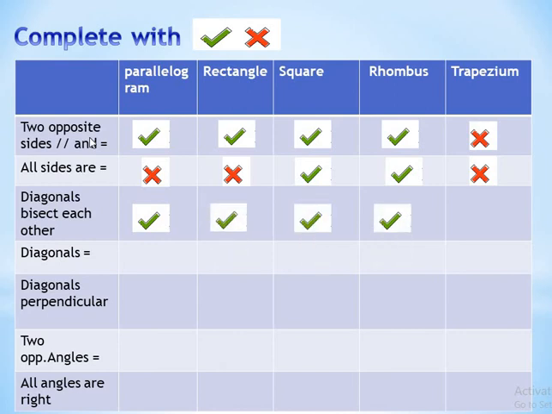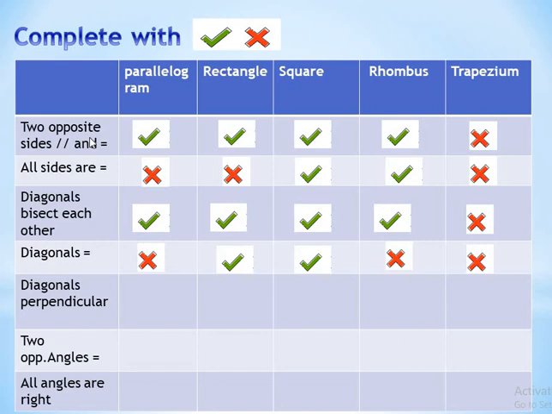Diagonals bisect each other, yes. We said that it's a common property, but in trapezium, no. Diagonals are equal. We said that if we don't have equal angles, the diagonal is not equal. In parallelogram, no. But in rectangle and the square, yes. Rhombus, no. Trapezium, no. Diagonals are perpendicular.